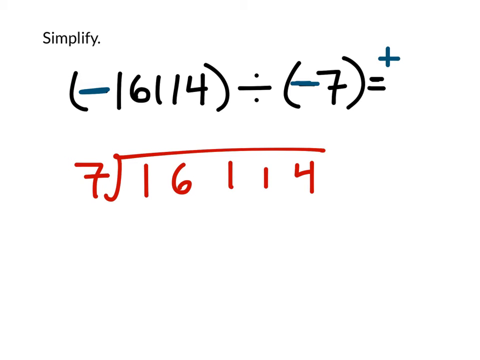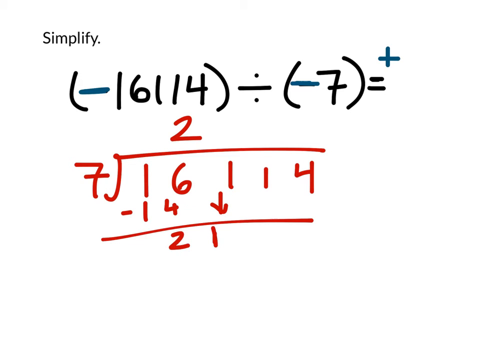So 7 won't go into 1, but it will go into 16 2 times. 2 times 7 is 14. We'll subtract that, 2 remaining. Then we'll drop the 1 to make that 21. 7 will go into 21 3 times. 3 times 7 is exactly 21. So that's 0 remaining on that one, so we'll drop this 1 here. 7 won't go into the 1.